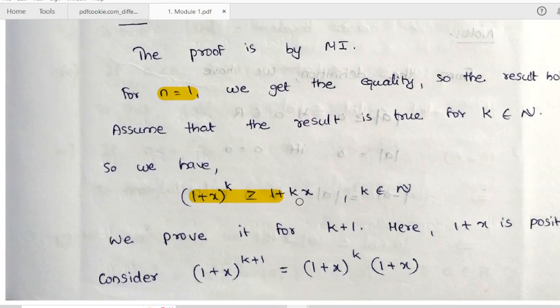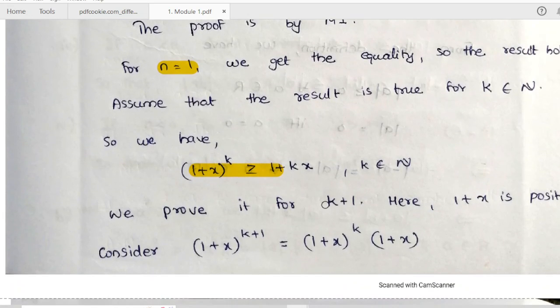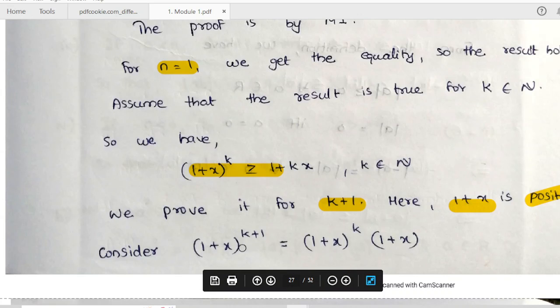Now we have to prove for k plus 1. Here 1 plus x is positive കാരണം നമുക്കറിയാം. Let us consider 1 plus x to the power k plus 1. നമുക്ക് prove ചെയ്യാൻ പോകുന്നത് it is greater than or equal to 1 plus k plus 1 of x.